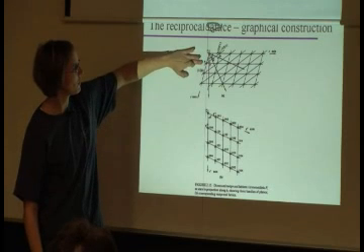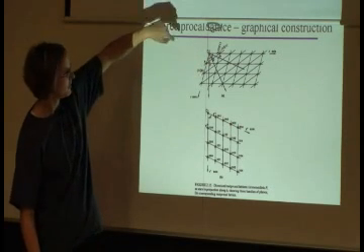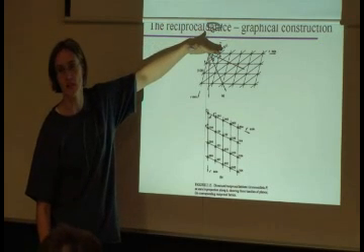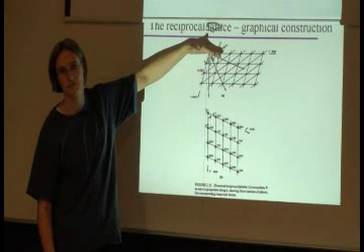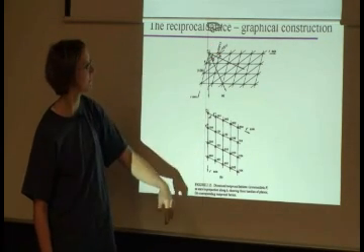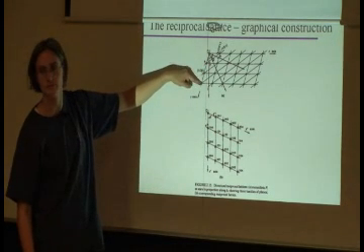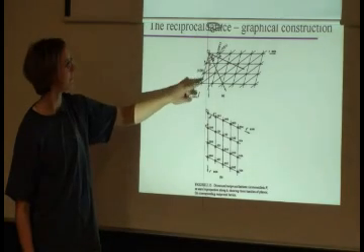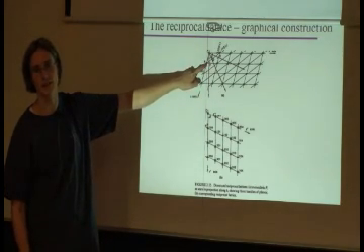So, my 100 family of planes has to be parallel to the B axis and parallel to the C axis, right? Or it wouldn't have these zero indices. It cannot cut them. Here's my family of planes. It cuts at 1 unit cell, so it's the 100 family of planes.